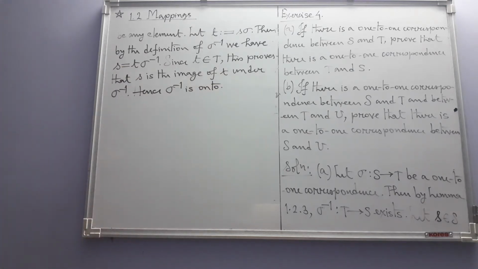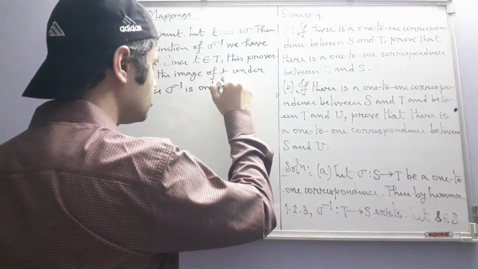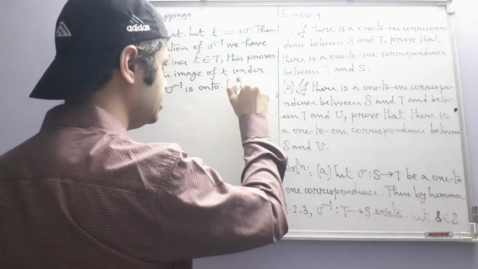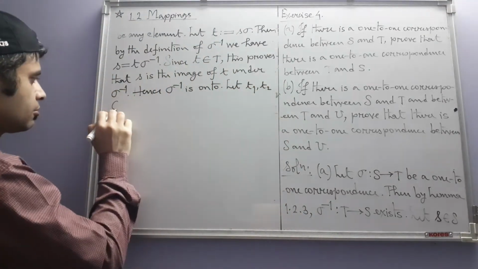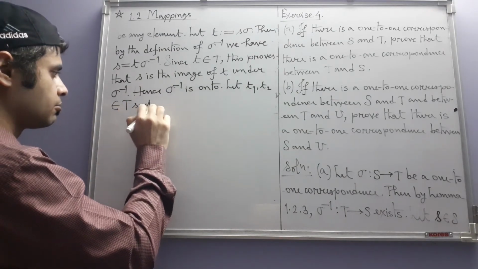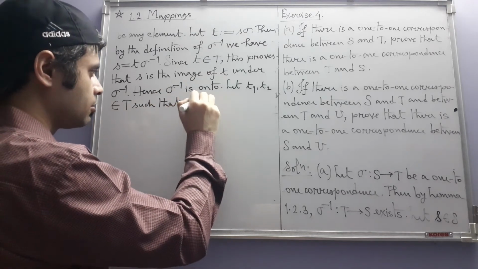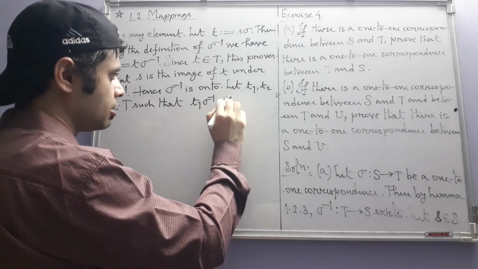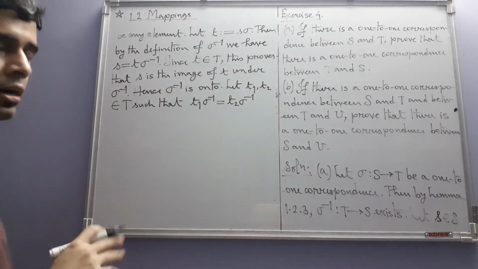Okay, next we have to prove that sigma inverse is 1 to 1. So we take two elements in its domain, that is T. So let t1 and t2 be two elements in T such that t1 sigma inverse is equal to t2 sigma inverse. Their sigma inverse images are equal.